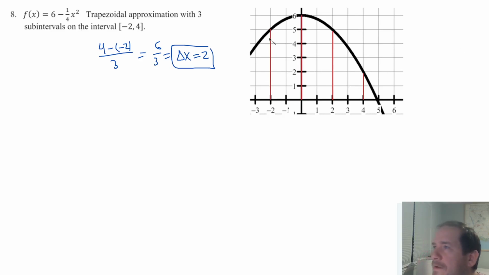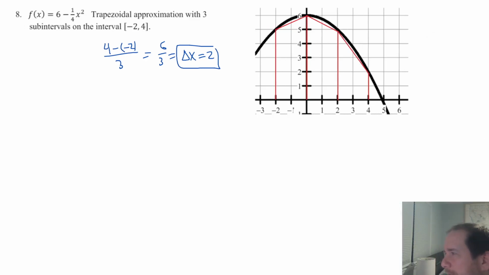Now you'll connect these dots. So you go from the top of here to the top of there down to the top of there, this guy down to here, and we get our 3 trapezoids. And what's kind of a pain in the butt this time is we know that what we want is for our total area to equal the trapezoid rule.